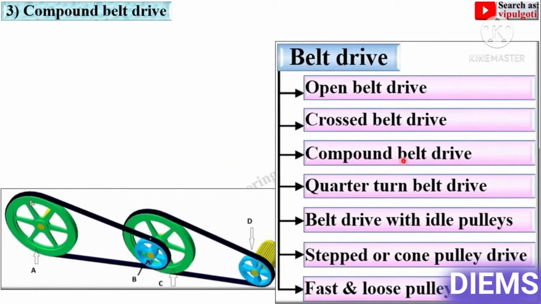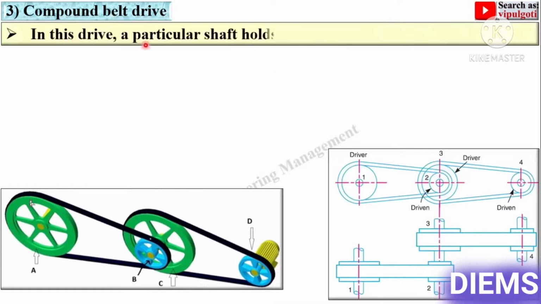Next, third one, compound belt drive. In this drive, a particular shaft holds two or more pulleys as shown in the figure. Here you can see this shaft has two pulleys B and C, and that's why it is called compound belt drive.